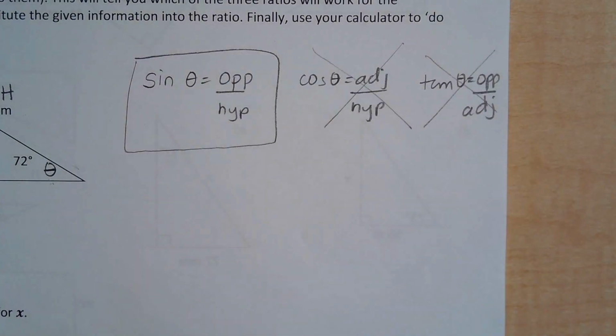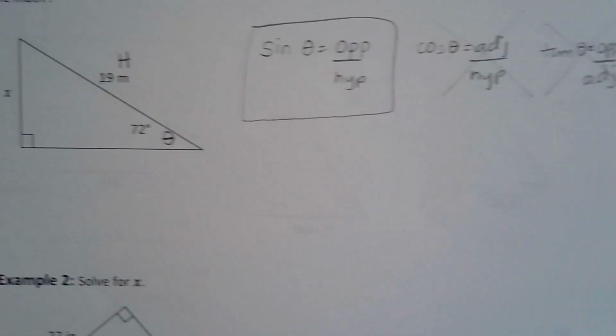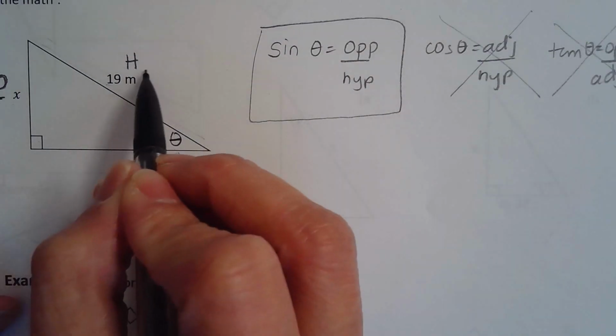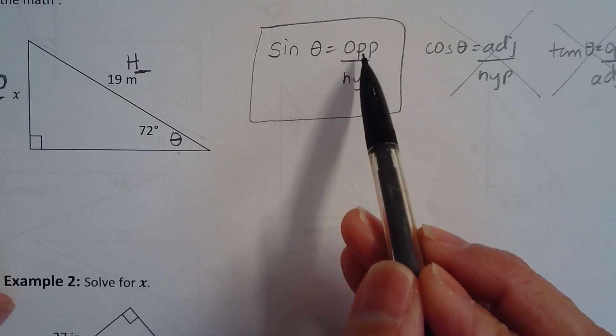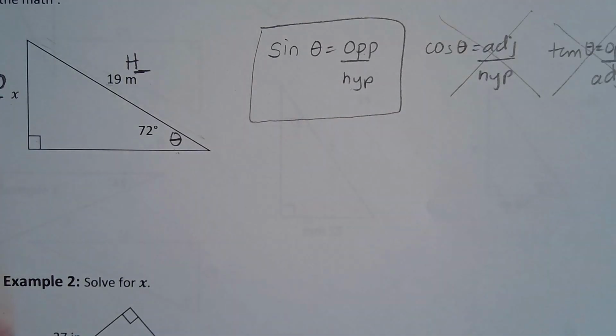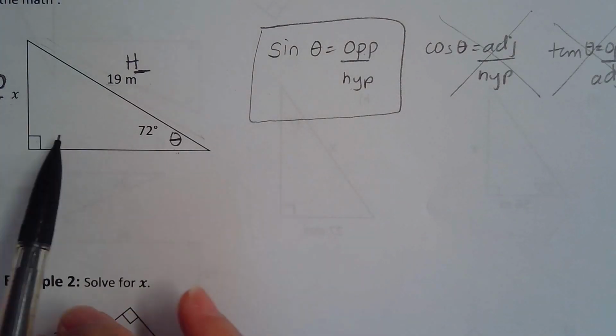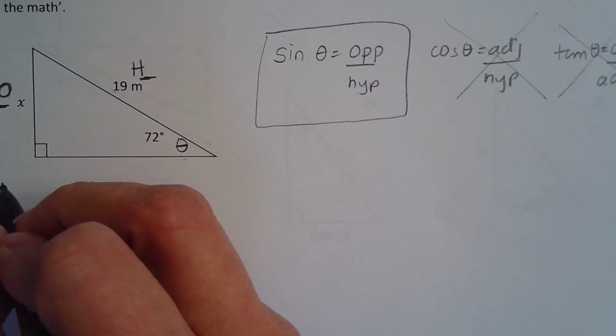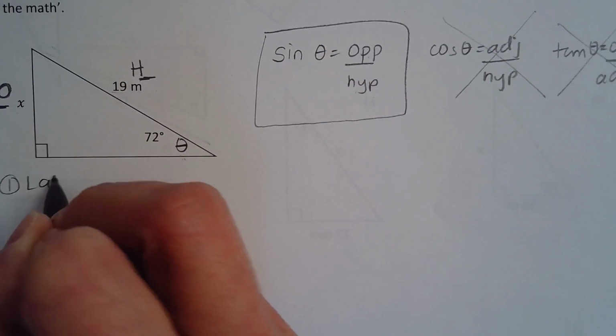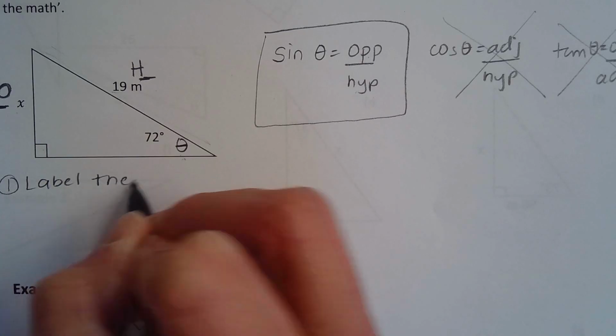So sine theta equals opposite over hypotenuse, because we have O and then the H, opposite and the hypotenuse. Is that okay? So the very first thing that we need to do is, step 1, label the sides.